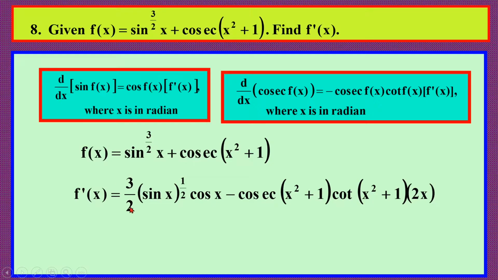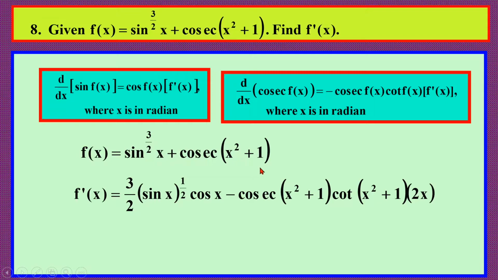So index to the front, copy the function sine x, index minus 1, I get 1 over 2. Okay, so sine x power of 1 over 2. Differentiating sine, I will get cos. So I will write cos x because the function here is only x.